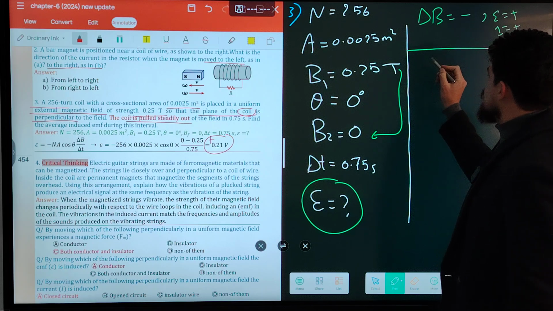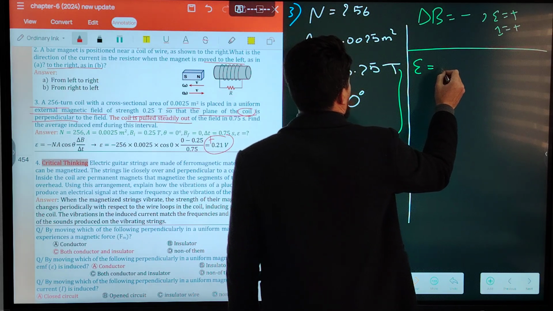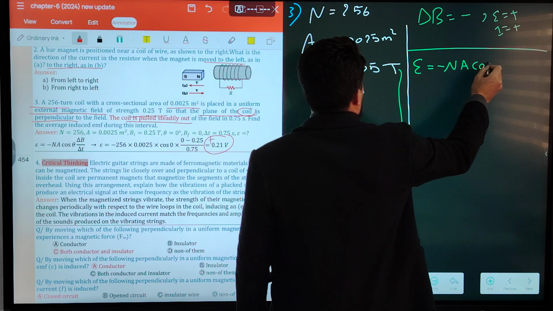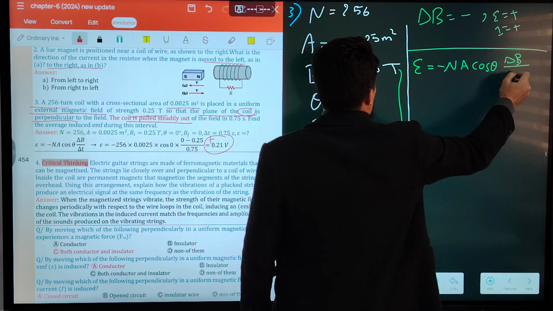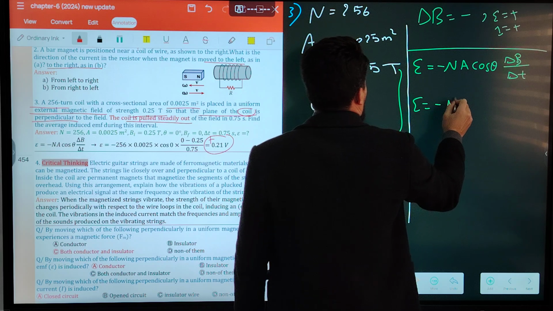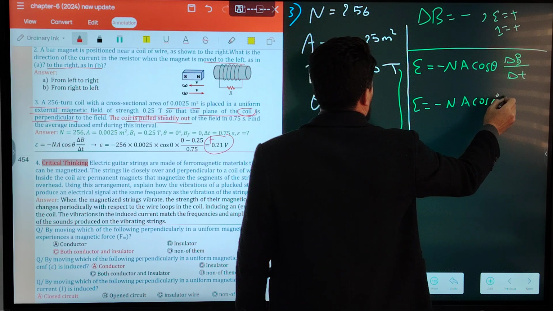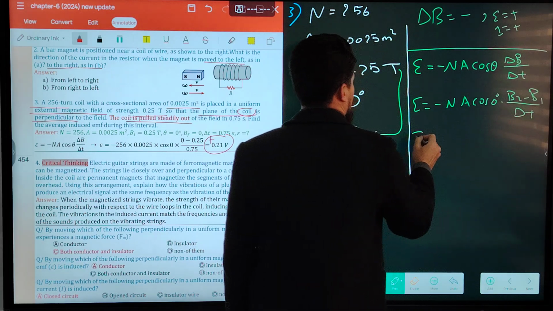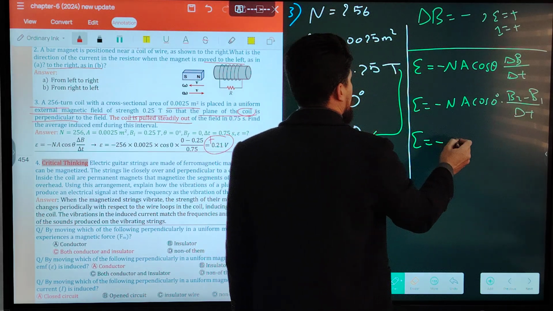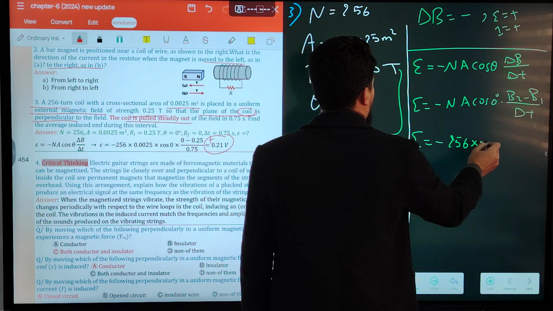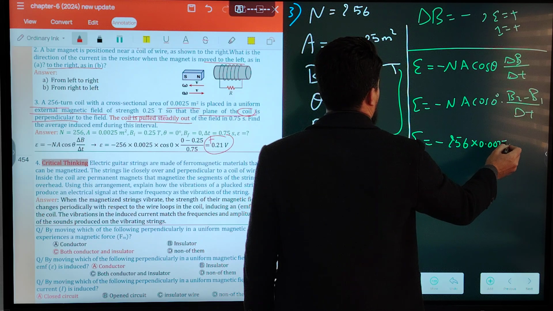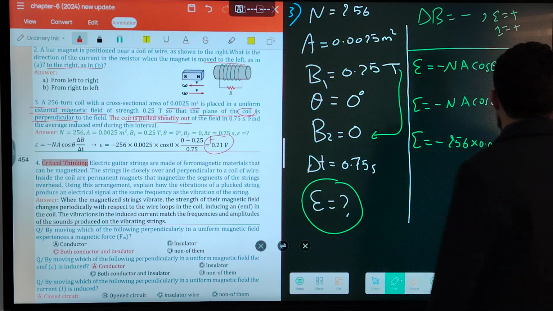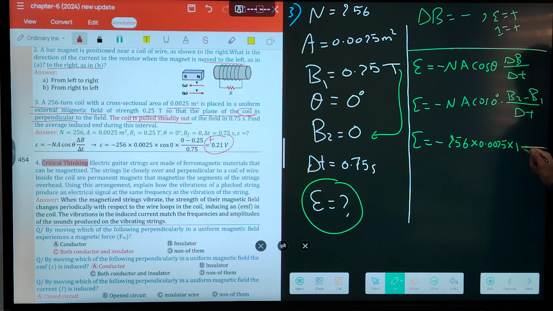So you have to use this relation, EMF for the moving coil, A cosine theta, delta B over delta T, and A cosine 0, B2 minus B1 over T. Replace negative and 256, area 0.025, cosine 0, 1, B2 is 0, minus 0.25.